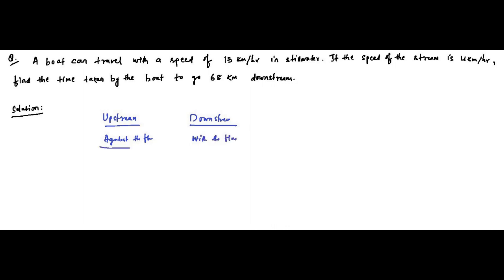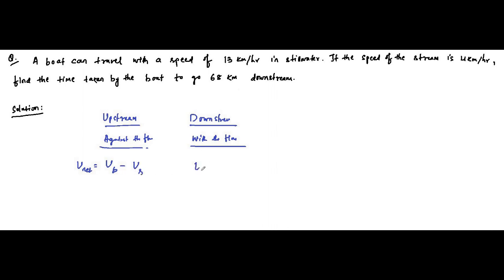So in case of upstream, the net velocity is equal to the velocity of the boat minus the velocity of the stream or the river. Okay, this.